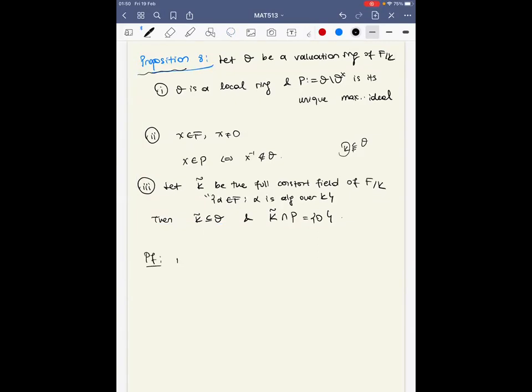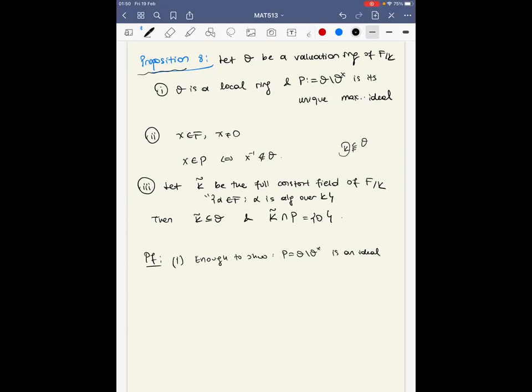In order to prove the first statement, it will be enough to show that P, which is obtained by removing the units from O, forms an ideal in a local ring.